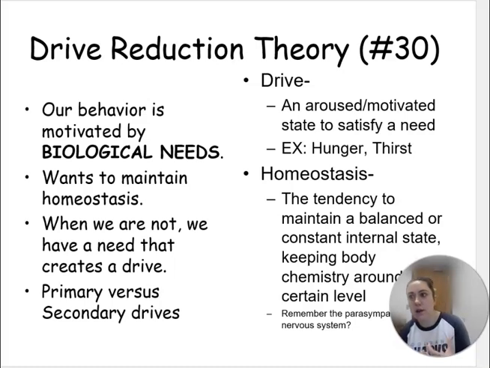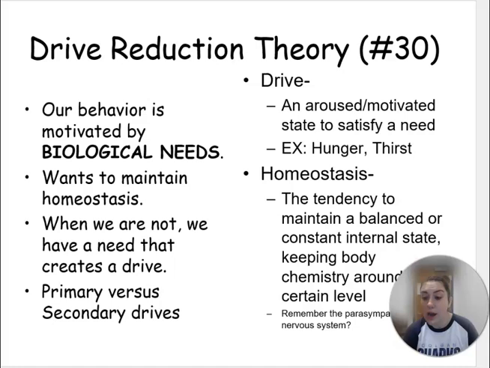So when we talk about a biological drive, it could be like hunger or thirst, or you're cold, something that is automatic and that you need to do something in order to correct. Our body likes to be in a state of homeostasis. Homeostasis means balance.